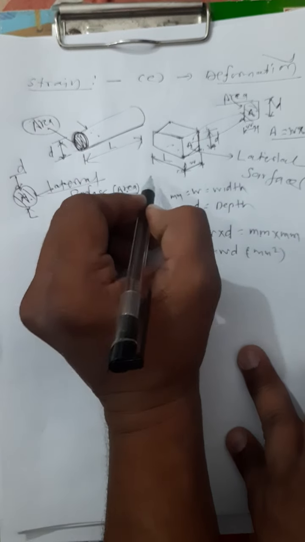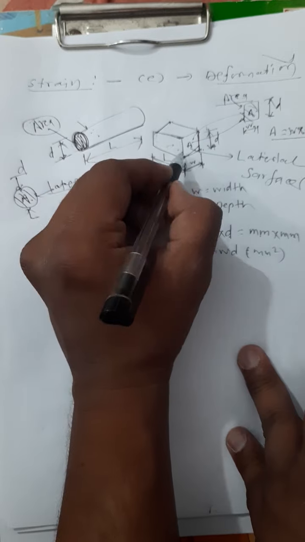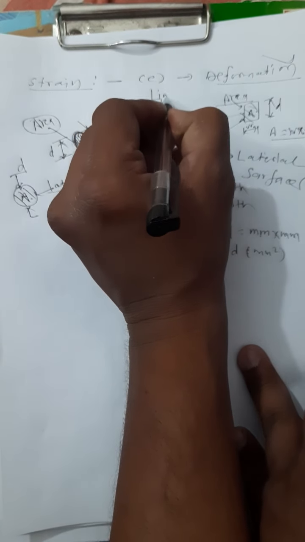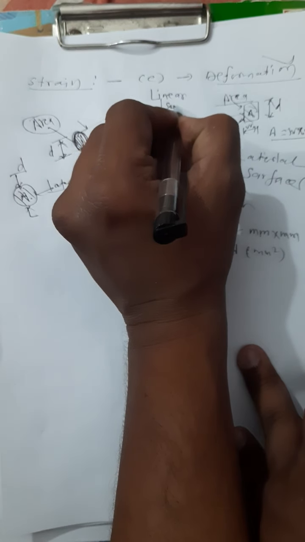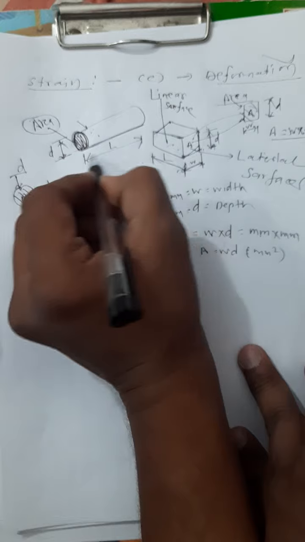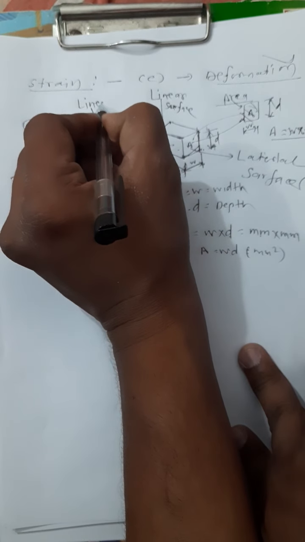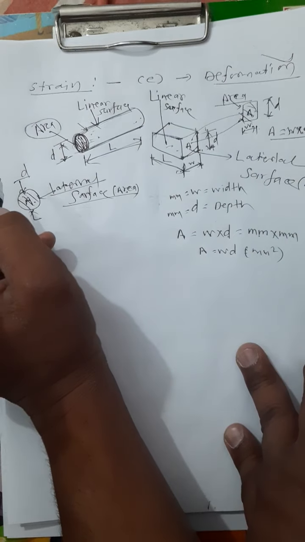And this circular bar also has a length, and this rectangular bar also has a length. So along the length, whatever the surface is there, that surface is called the linear surface. Which surface? Linear. Along the length of this circular bar, this is called the linear surface.